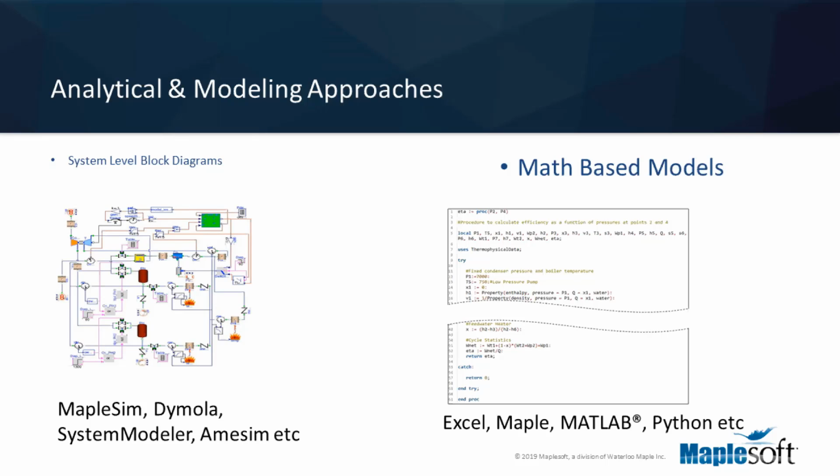Those components could be a condenser, a boiler, a heat exchanger, a cooling tower, or a heat source or sink, or a compressor, and so on. Now, there are several tools on the market that let you take this approach, including MapleSim. That's a tool that we develop. But there are others like Dymola, System Modeler, and others.